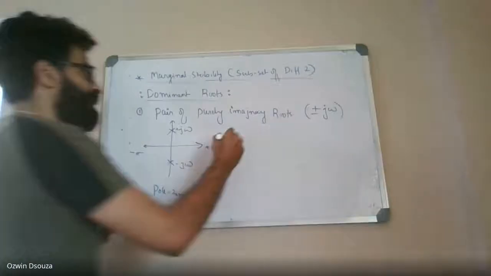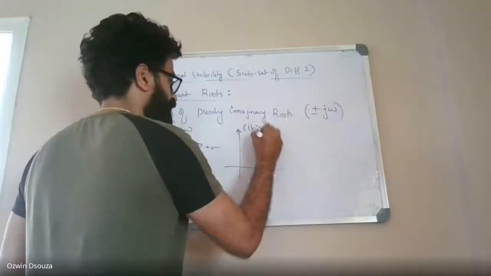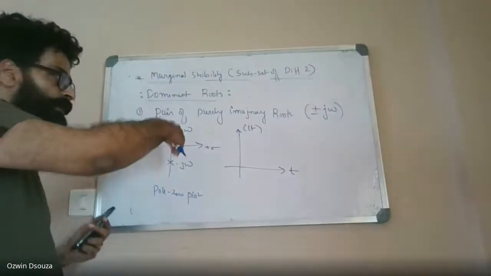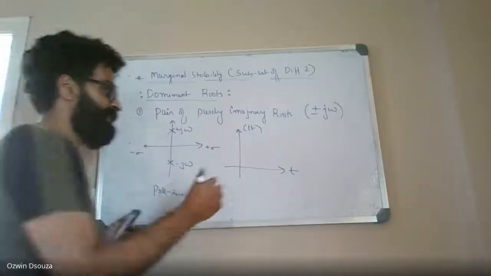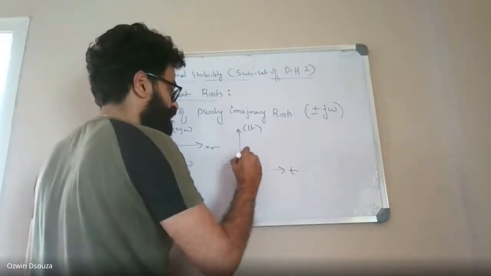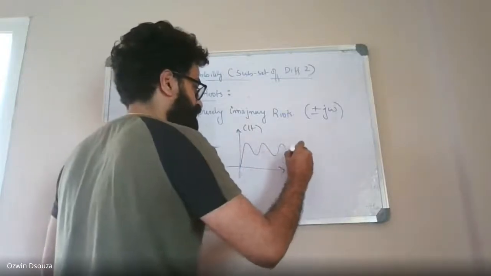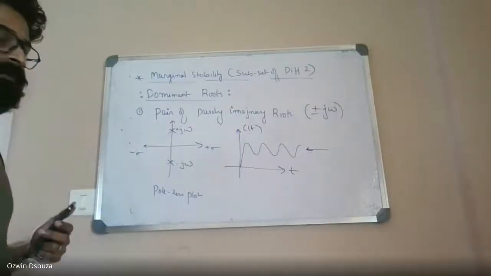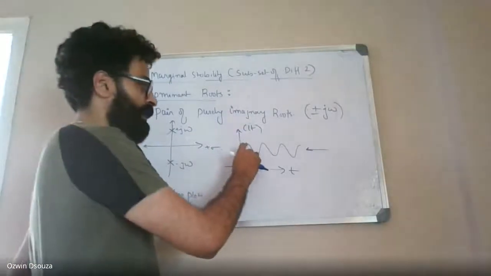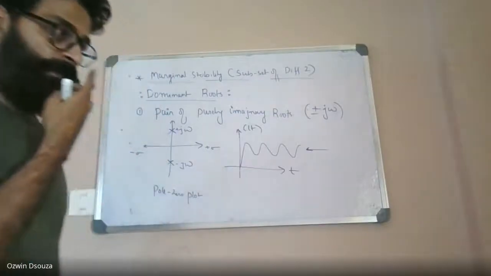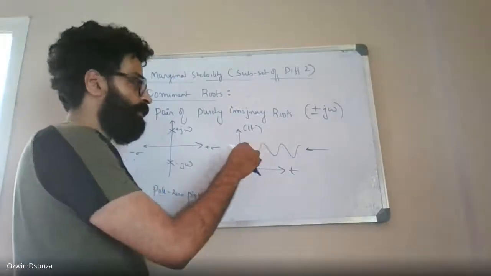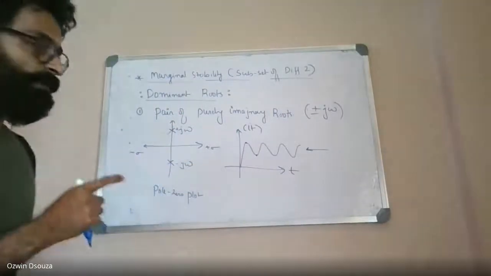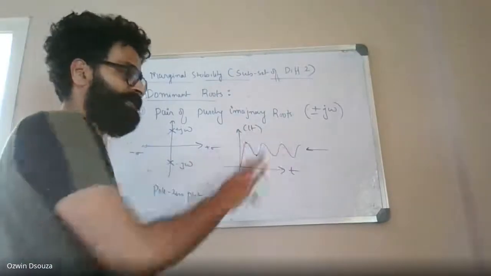What do you get for C of t? If the roots are located on the imaginary axis, your response becomes a sustained response. The amplitude keeps wobbling between positive maxima and negative maxima, and it oscillates at a constant frequency.